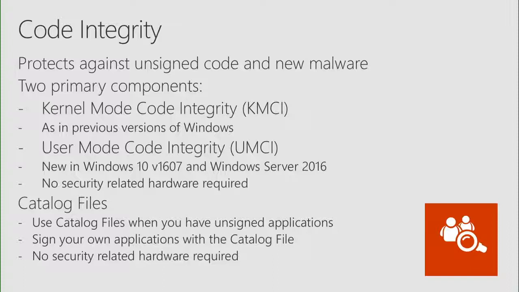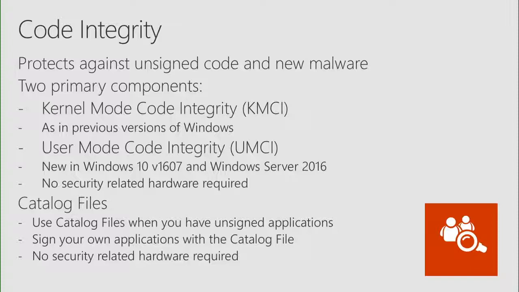Now, signed software as a requirement may be something really hard to overcome if you're running a lot of line of business applications and your company is not doing signing of your line of business applications. And in those cases, Microsoft has created another way of dealing with this by creating a catalog.